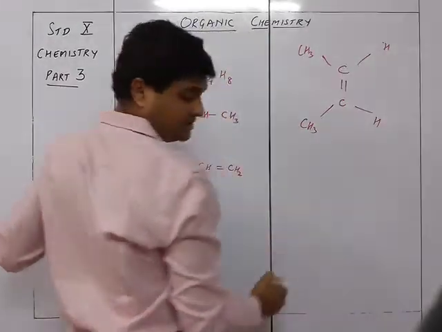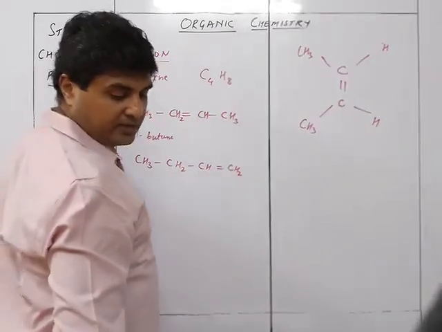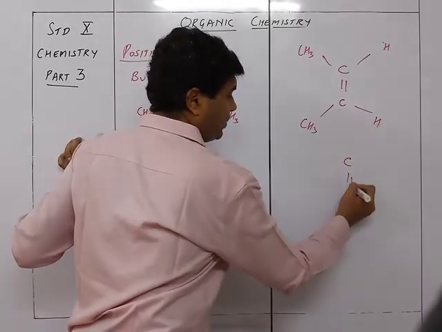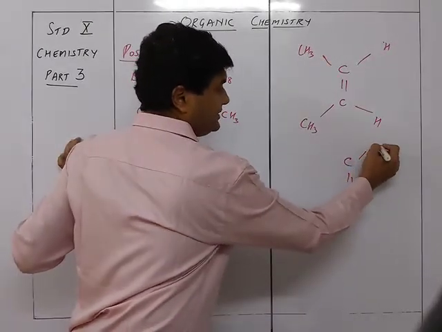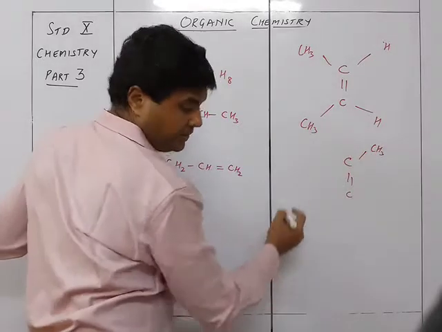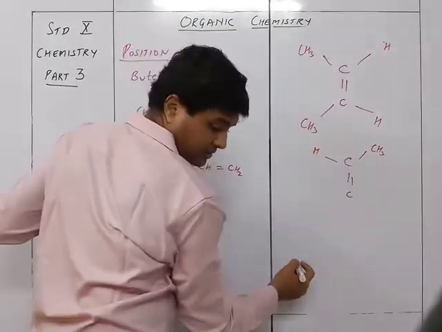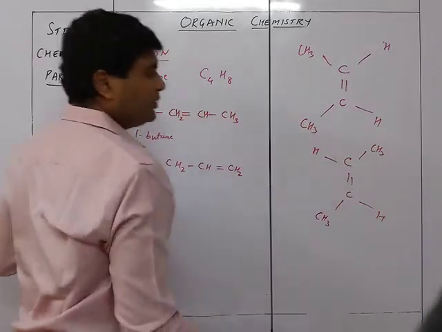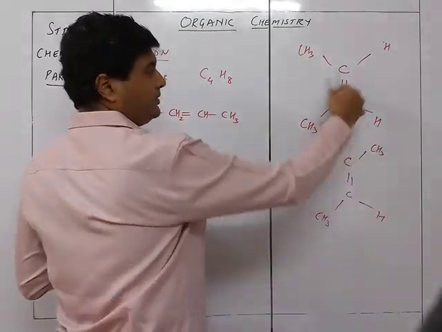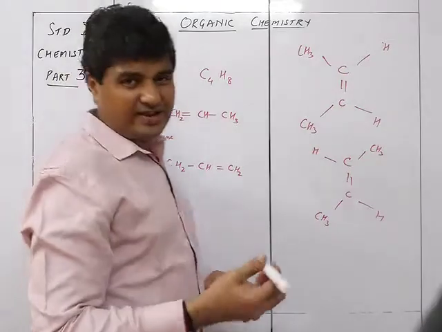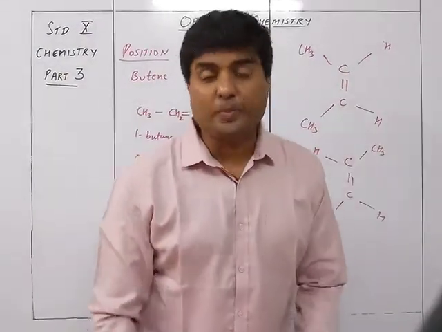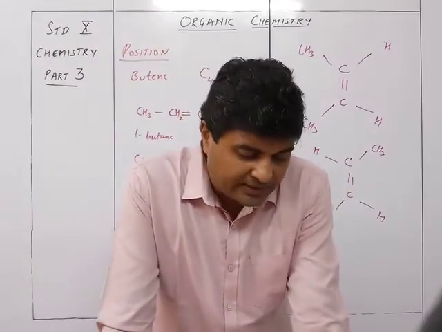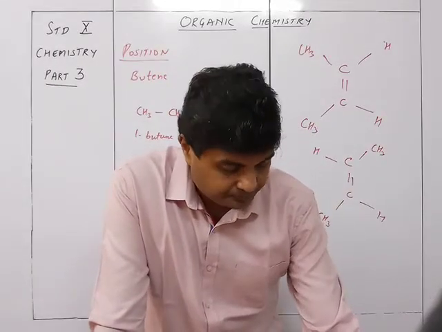This is the 2-butene cis. Another one is C double bond C, where here it is CH3 and here it is H, and the next one here it is CH3 and here it is H. So the position of CH3 is here or it is here. This is how you change the different locations, and that's why geometrically they form different kinds of isomers. So they are called geometrical isomers.